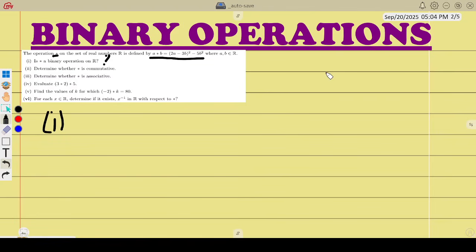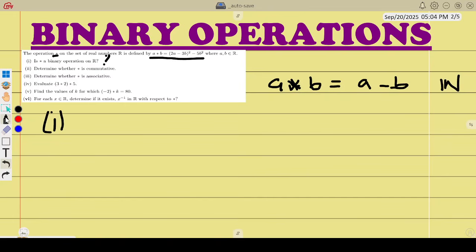let me just give you first an example so that you understand. If they tell us that A star B is equal to A plus B, or let me just say A minus B. So this is our operation, and then they tell us that it is operating on natural numbers.